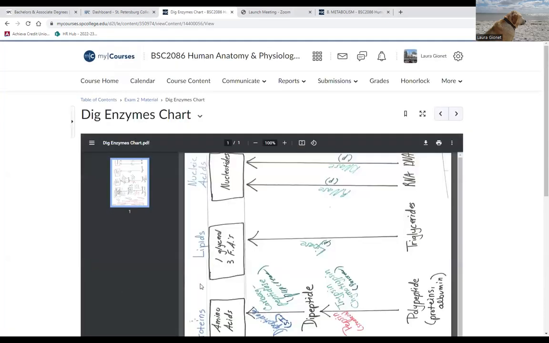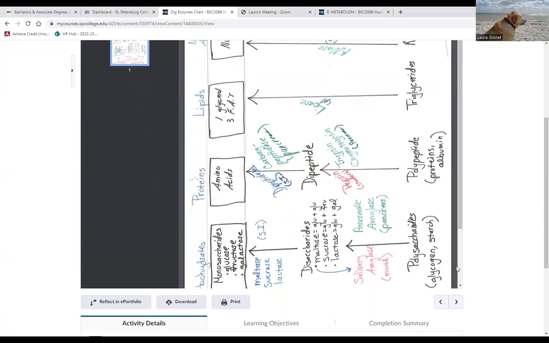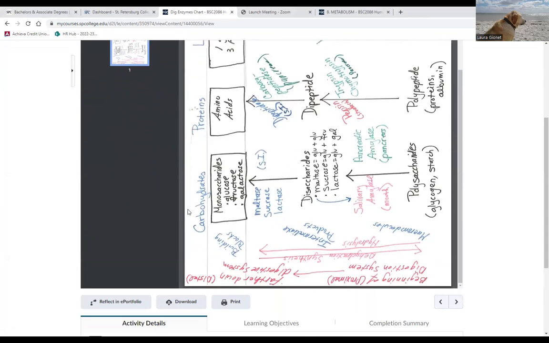This is how I organize the enzymes of digestion. Of course, it's sideways, but for each column, we have carbohydrates, proteins, lipids, and nucleic acids, identifying the building blocks, the intermediate, the macromolecules.